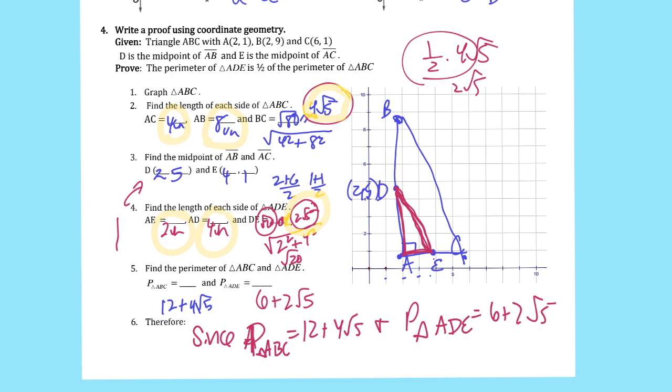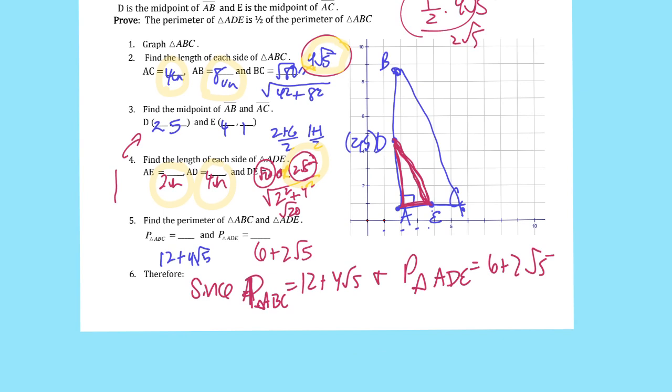Then you could say the perimeter of ADE is half the perimeter of ABC. Notice each dimension is half as big, so therefore the perimeter of the smaller one is half the size of the bigger one.